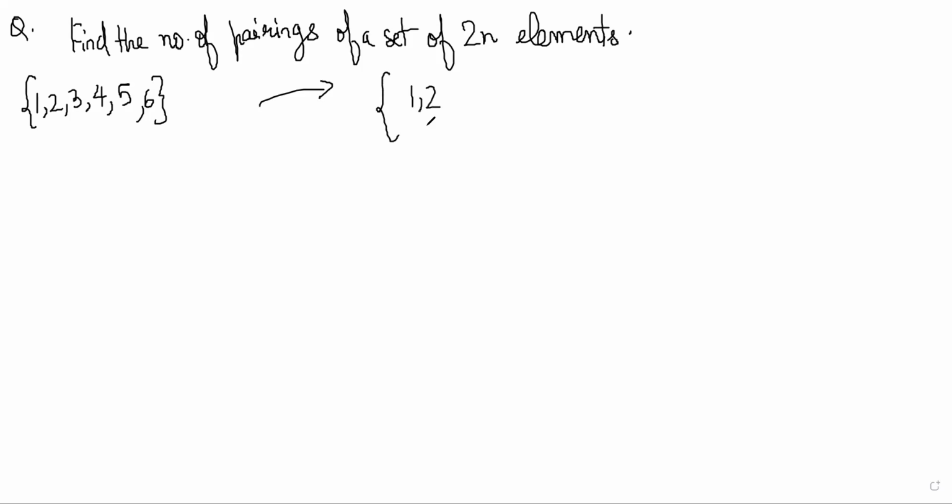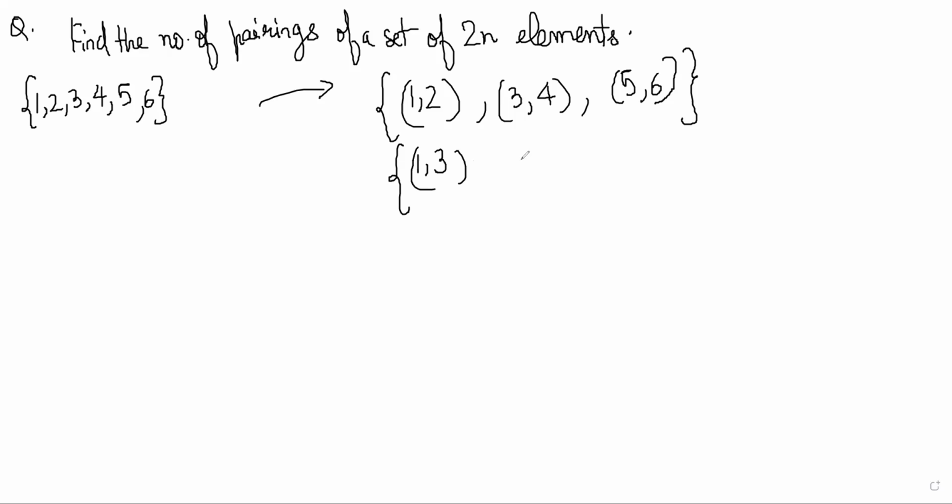Another pairing could be 1, 3, 2, 4, 5, 6. So basically, find the number of pairings of a set of 2n elements is to find the number of ways in which the 2n elements can be grouped into pairs like this, right?